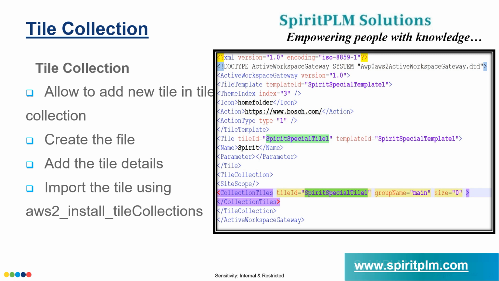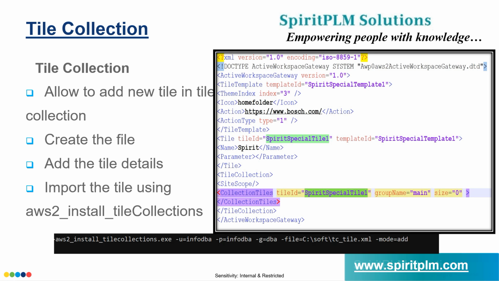Okay, so using this utility, you can quickly load your tiles, and you can specify your tile themes, tile icons, tile action, tile ID, tile template ID, parameters, site scope, everything you can add there as per your need. So this XML you have to create manually, and you have to run it through this utility called AWS to install tile collection.